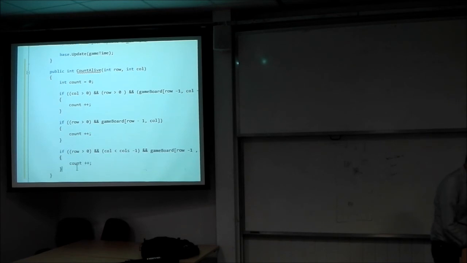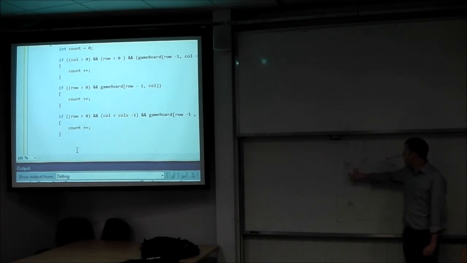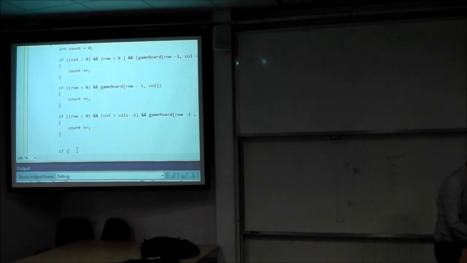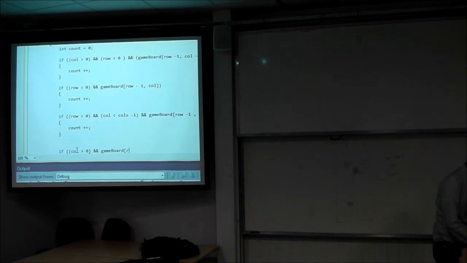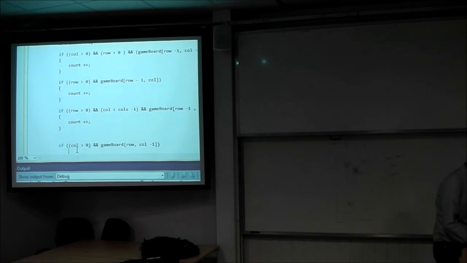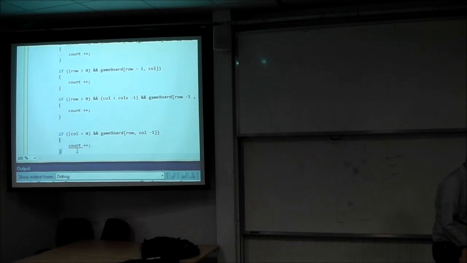Alright, the next two are these two here, right? This is column minus 1 on the same row. So if the column is greater than 0, I don't need to check the row because I know that there's one at the row. And game board at position row and column minus 1, count plus plus.